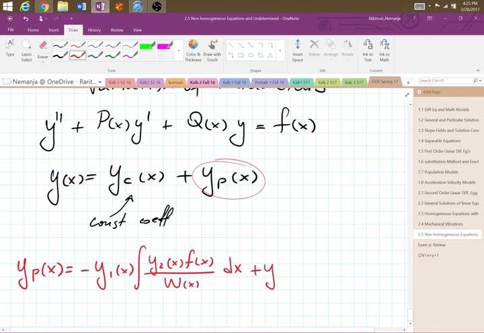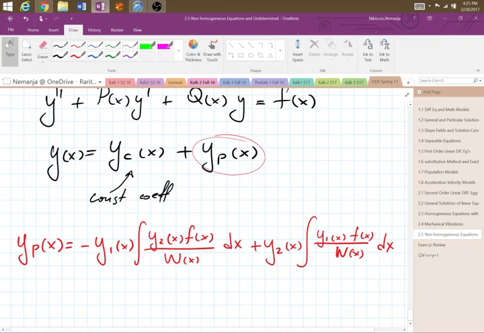Plus y2 of x times the integral of y1 of x times f of x divided by the Wronskian of x dx. There we go, simple. That's all it is, just this. So negative y1 and use y2, and then positive y2 use y1.